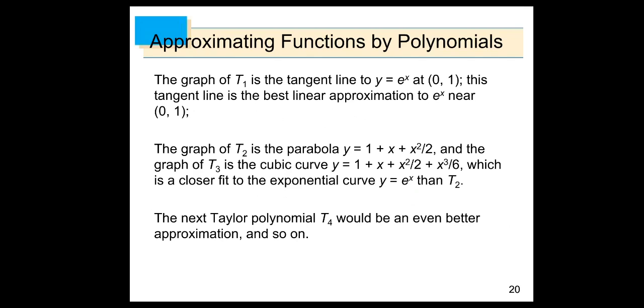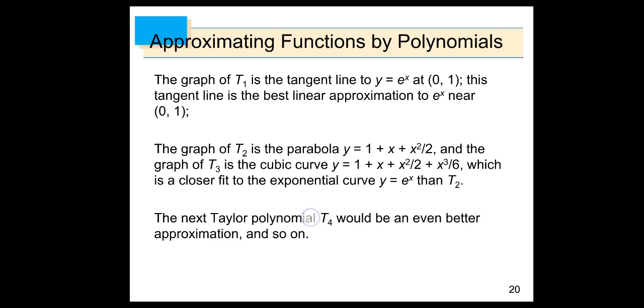The graph of t1 has the value 1 plus x, because this tangent line passes through the point 0, 1. The graph of t2 is a parabola with the value 1 plus x plus x squared by 2. And the cubic curve from the previous slide has the value 1 plus x plus x squared by 2 plus x cubed by 6.